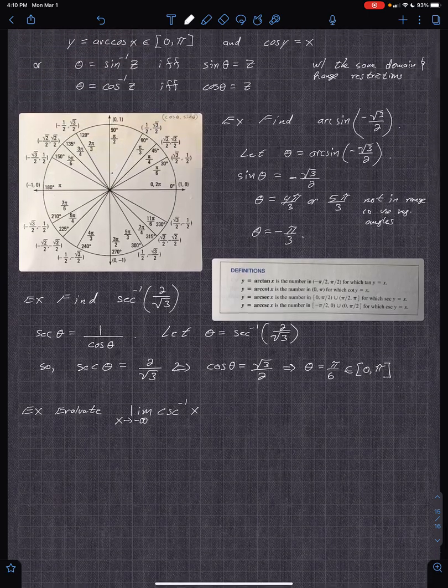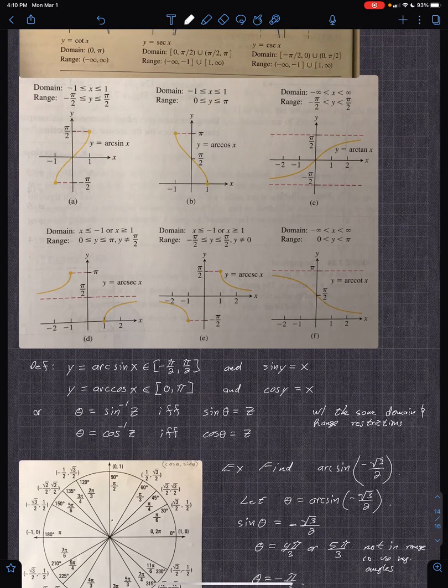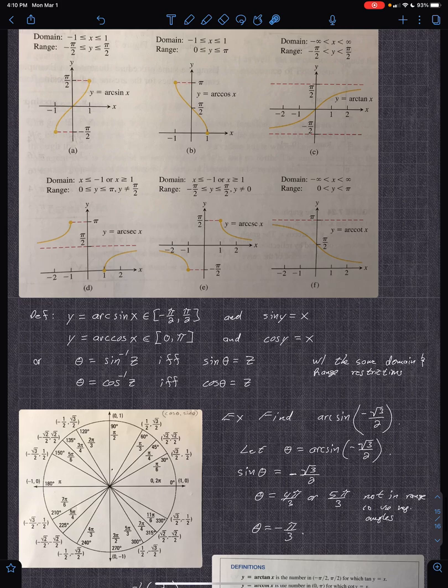What you do is go to cosecant inverse and just look at the graph. Cosecant inverse, or arc cosecant, is this guy right here. It's kind of a weird graph.